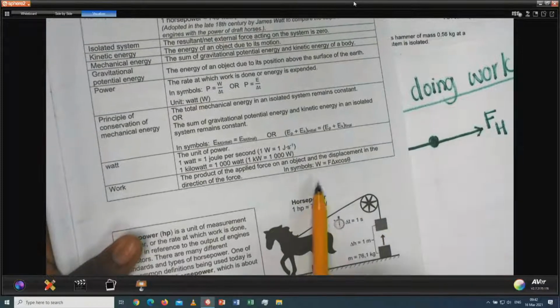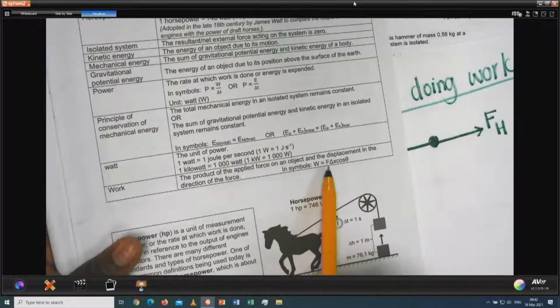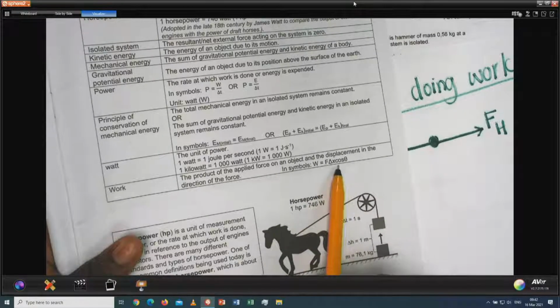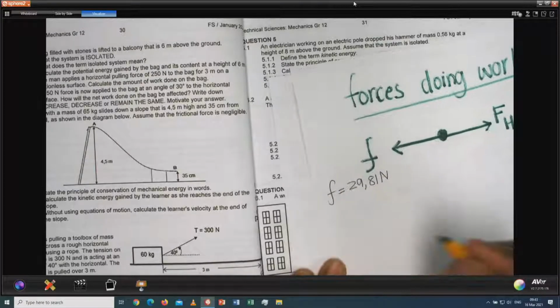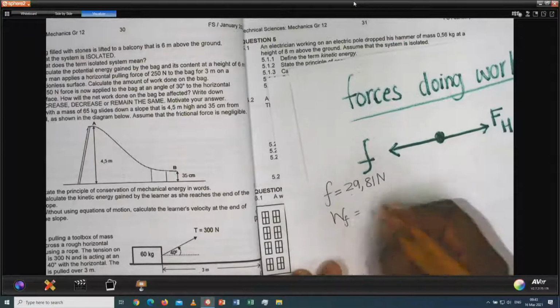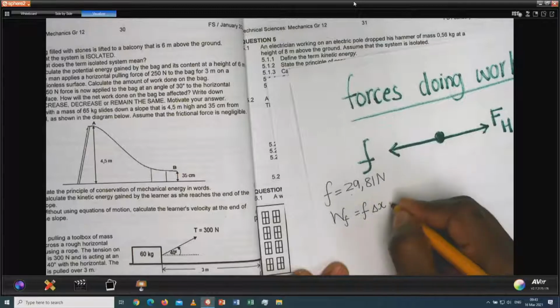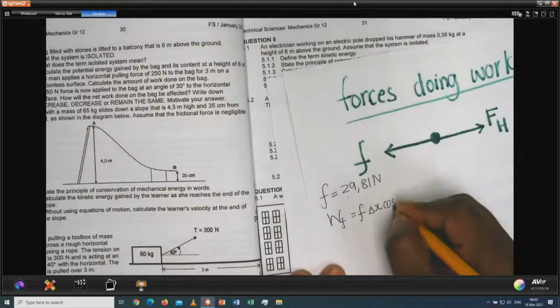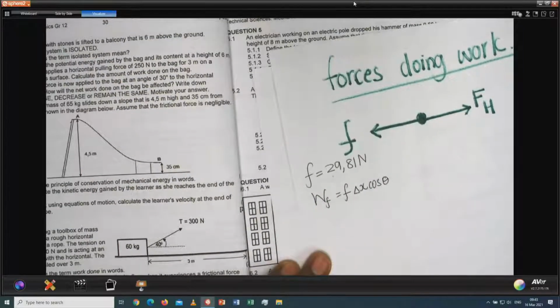Our formula for work done is given there, that W is equal to the force delta X cos theta. Then you say, if this is the magnitude of my frictional force, that means the work done by this frictional force is equal to the frictional force itself, the displacement, and the angle. Write the formula as it is. You get a mark for writing the formula as it is.